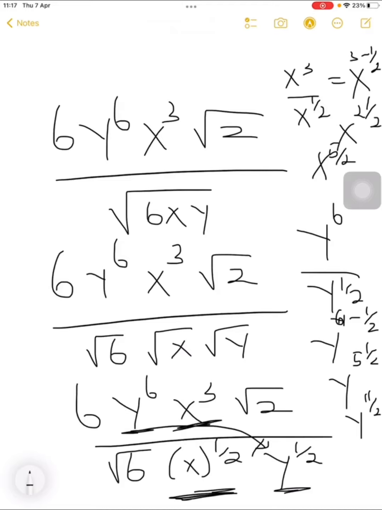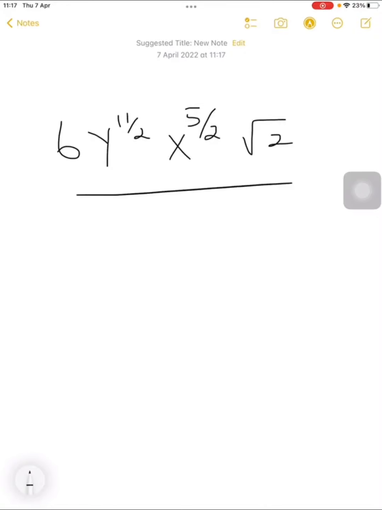So we are going to have this as follows. We're going to have the 6, then y^(11/2), then x^(5/2), and then our √2, then down here we'll have √6. So we will have it like this: x^(5/2)√2 all over √6.